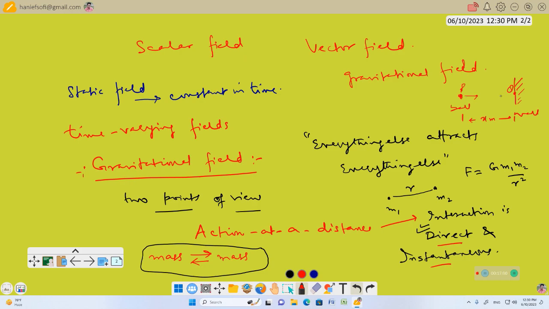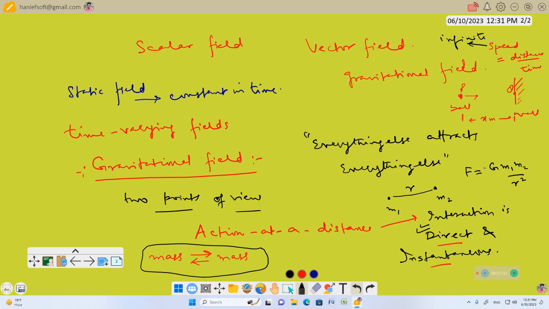There is no time interval between those two instants. In other words, that ball takes zero time to travel x meters. So you know speed is equal to distance by time. If this distance is covered in zero time, speed becomes infinite.